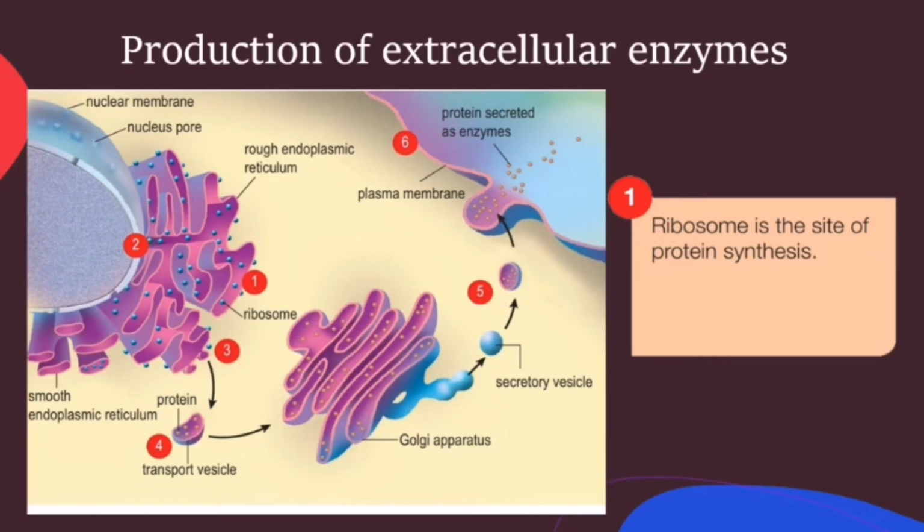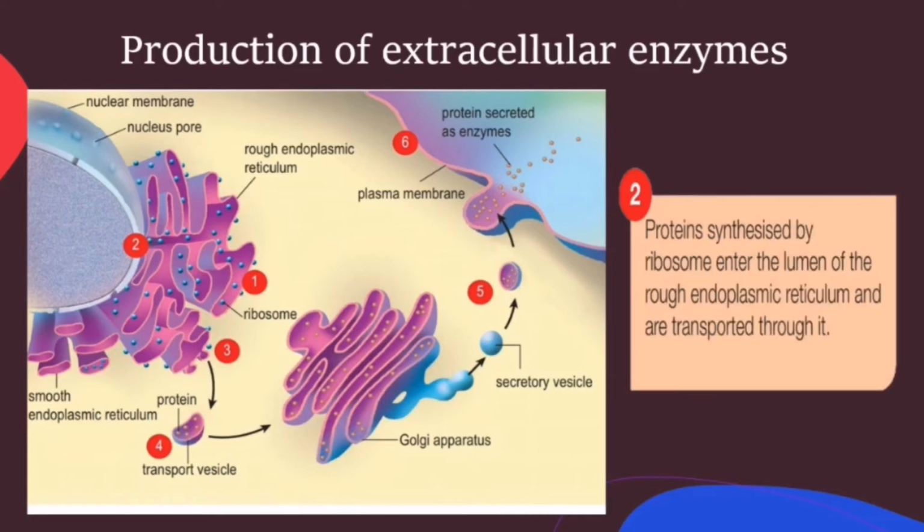So the ribosome is the first component that is involved in the production of extracellular enzymes. Ribosome is the site of protein synthesis. Secondly, protein that is synthesized by the ribosome will enter the lumen of the rough endoplasmic reticulum. The rough endoplasmic reticulum functions as a transportation of the proteins.